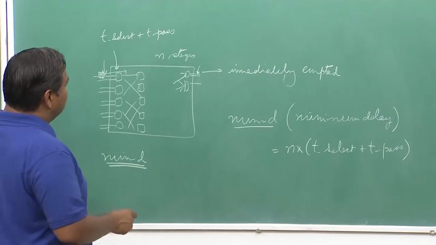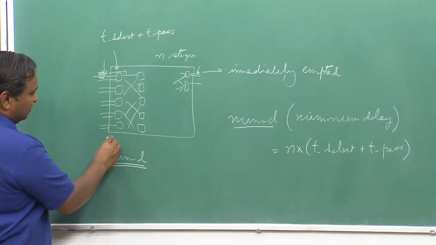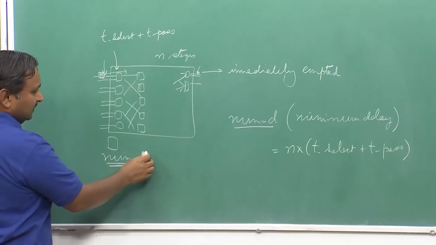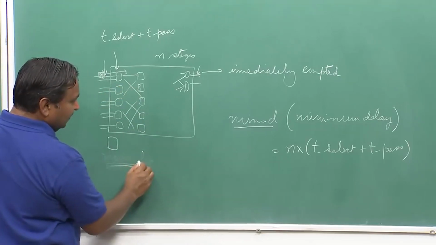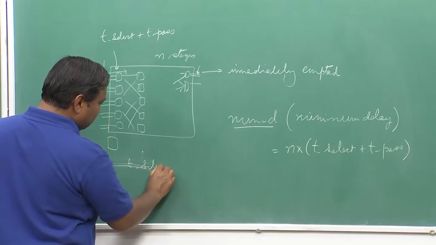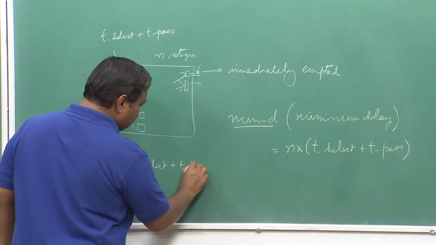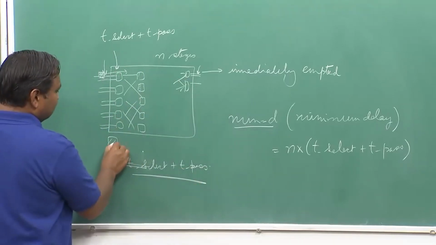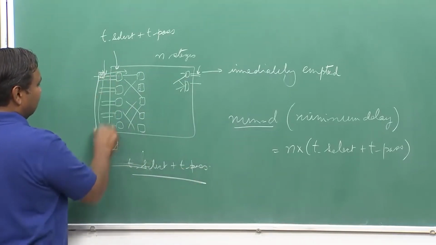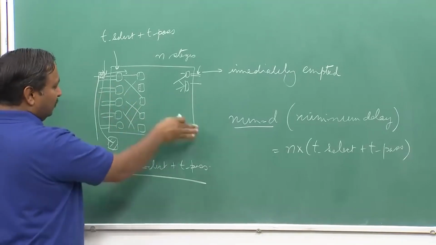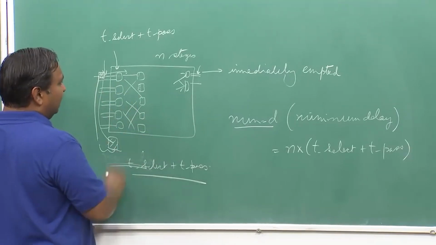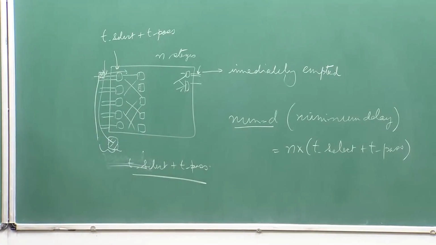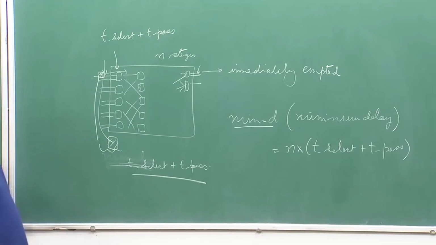So, that actually means that is one case where a single processor has to set up everything. In that case it will not be min d, but T select plus T pass. So, everything is being controlled by one single processor, headers are being analyzed, everything is being switched and then routed. So, T select will be required here and T pass in one single go, which is also going to be true for a single crossbar system.